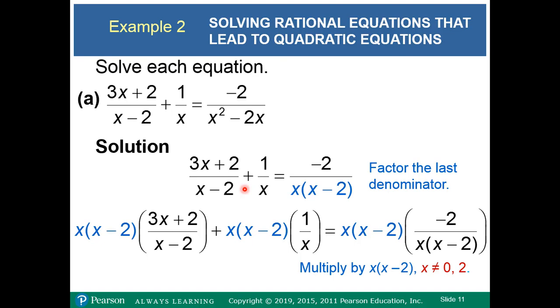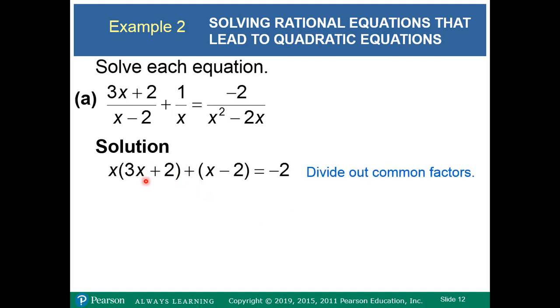Now this is going to reduce to x, this is going to reduce to x minus 2, and this is going to reduce to 1, because it's the same. Now notice that x cannot equal 0, and x cannot equal 2. Both of them are restricted.